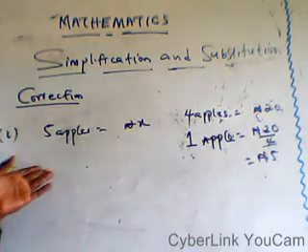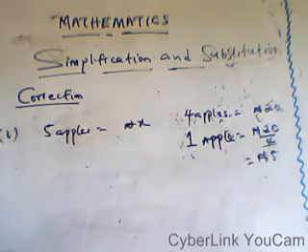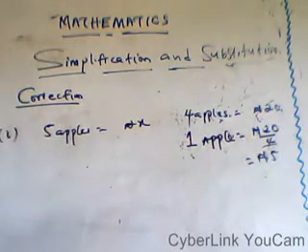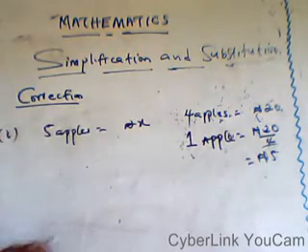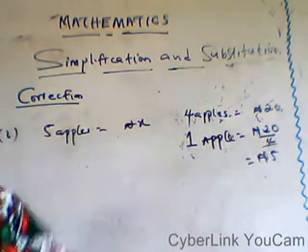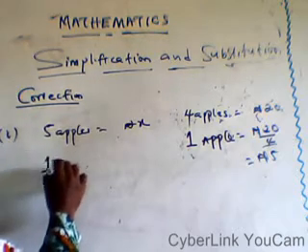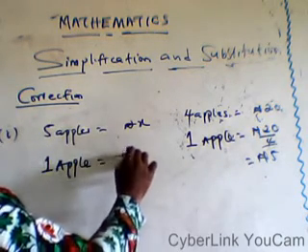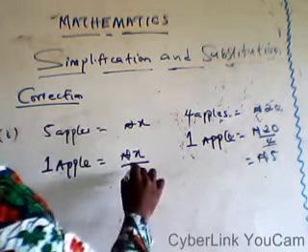So let's apply the same thing for this one. If 5 apples is X naira, and you do not know the value of X, how are you going to get the value for 1 apple? It's very simple. Just follow the same steps we applied here. 1 apple will be X naira, which can be 100 naira, it can be 50 naira, divided by 5.